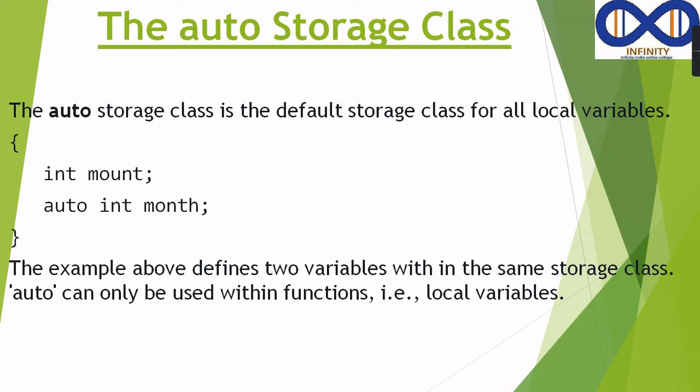The example defines two variables, so you can define two variables within the same storage class. Auto can only be used within functions, that is, for local variables.